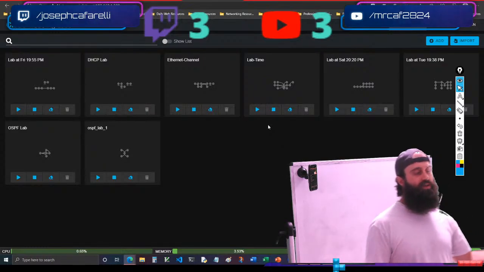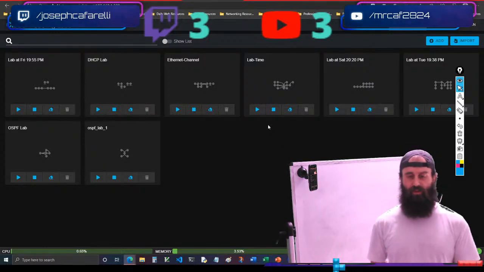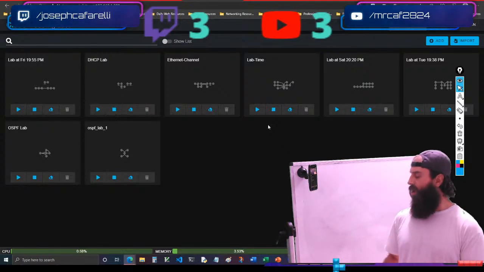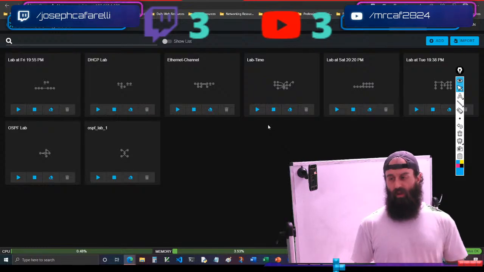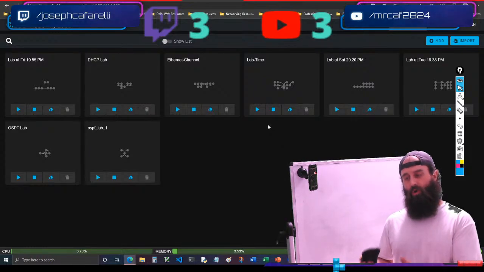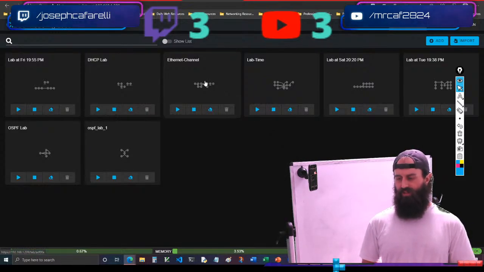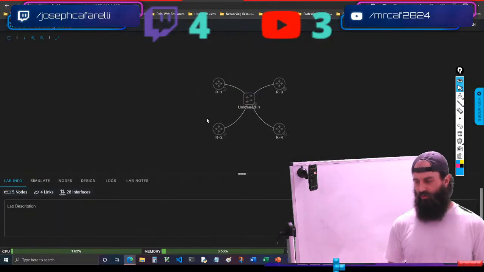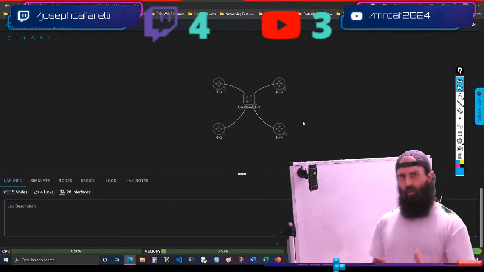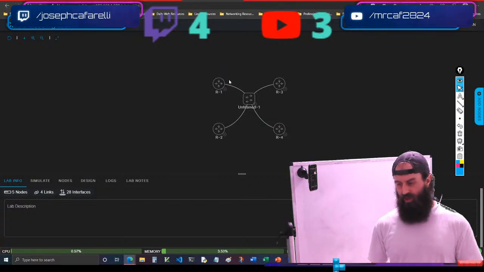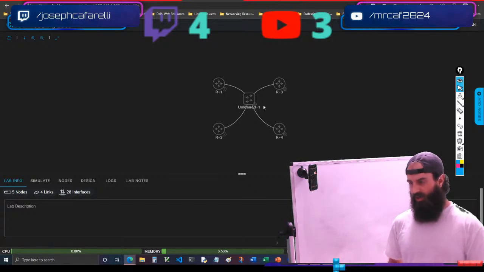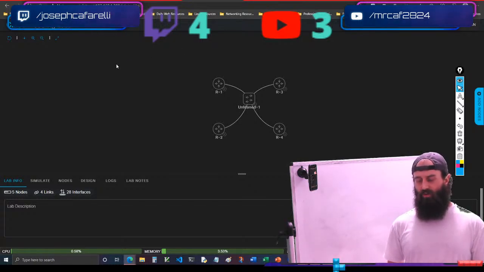A lot of people misunderstand that about GNS3. I have GNS3 on my server as well, but I prefer to use Cisco Modeling Lab. What it does is virtualize actual Cisco networking images. These are legit router images, legit switch images and stuff like that.